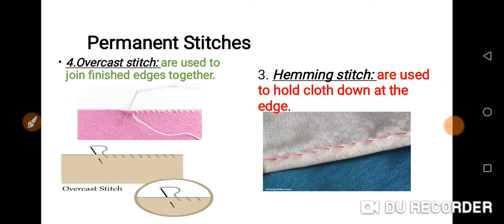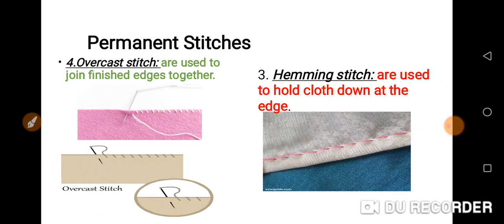The next one is overcast stitch. These overcast stitches are used to join finished edges together, as you can see on the screen. Can you see it? They are used to join finished edges together.